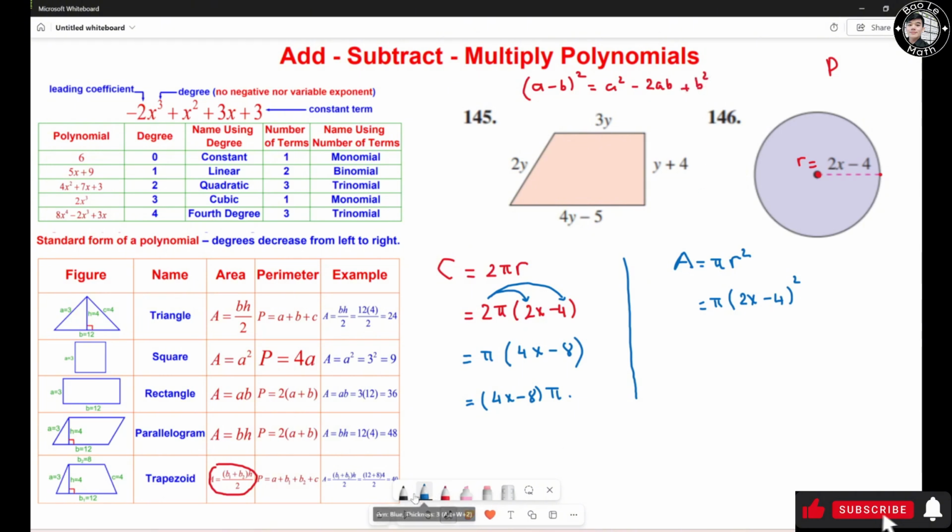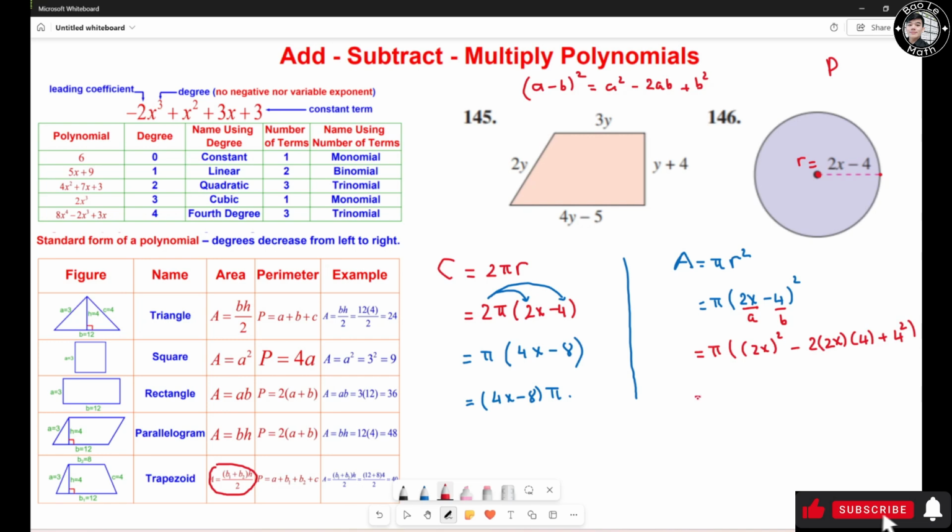So in this situation, a means 2s, b means 4. So I apply this formula right here. A squared, which means 2s all together squared, minus 2 times a, which means times 2s, times b, which means times 4, plus b squared, which means 4 squared.